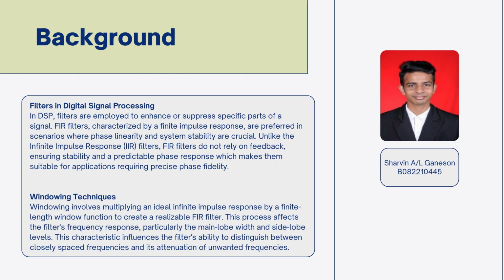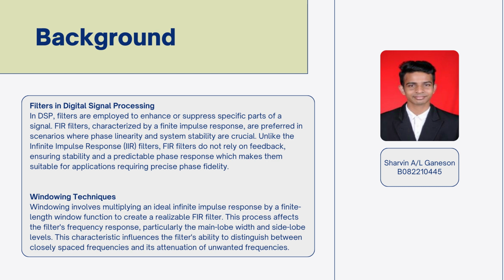Unlike infinite impulse response (IIR) filters, FIR filters do not rely on feedback, ensuring stability and a predictable phase response, which makes them suitable for applications requiring precise phase fidelity.